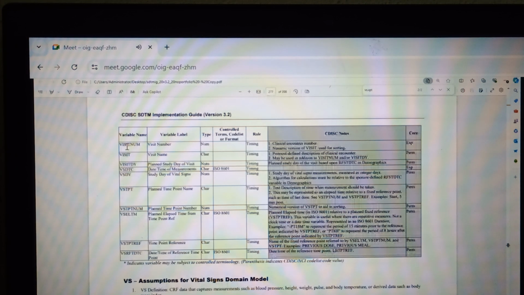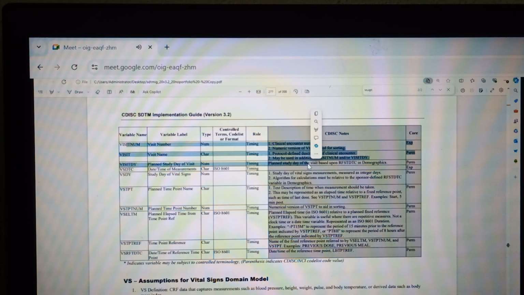The next are visit num and visit. In the findings domains, these variables must be present. Why? Because all the assessments, which are nothing but tests, will be based on your visits only, and this will be planned in the protocol. Vitals is going to capture screening, visit 1, visit 4, visit 5.